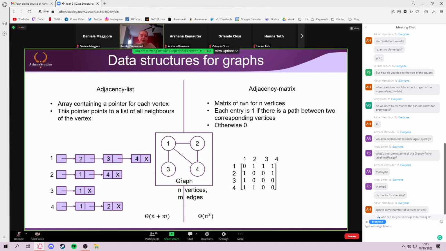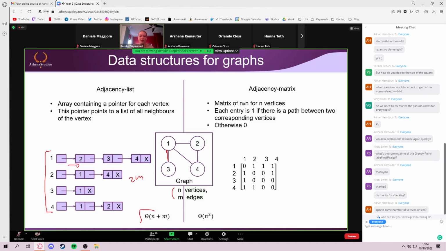So let's say we have n vertices and m edges in this graph. Then the space complexity of the list is going to be n plus m, because you make n array parts, and then each array is pointing towards a list like this, and we'll have two parts in these lists, right? Because each edge will be in this twice.